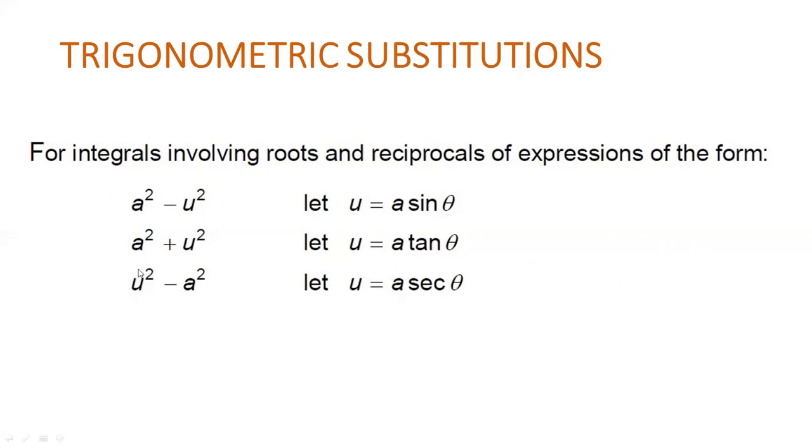If the sign that separates the constant and the squared function is plus, your substitution will be u equal to a tangent theta. If the first expression is the other way around, meaning the function is squared first and the square of a constant is being subtracted from it, then this is your substitution equation.